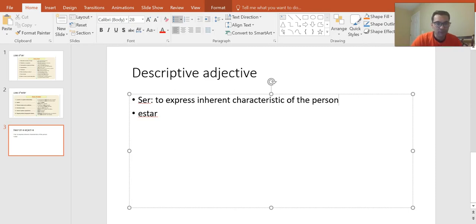For example, if you met someone in high school and you thought that person is pretty, you say Ana es bonita. That's your point. It's a connotation. Ana es bonita. She's always been pretty, and for you, your perception is that person is always pretty.